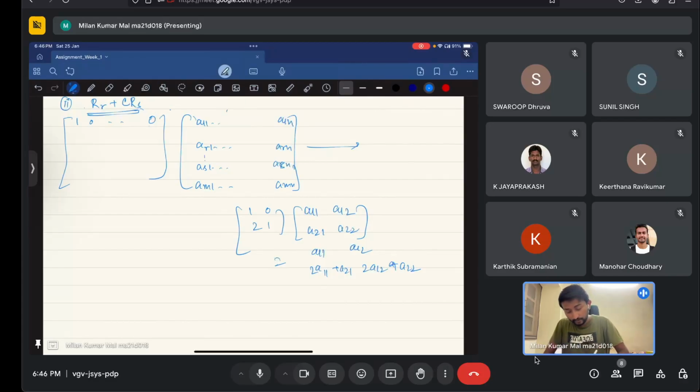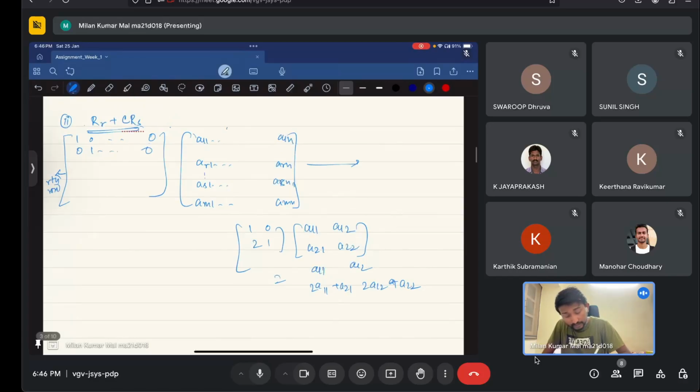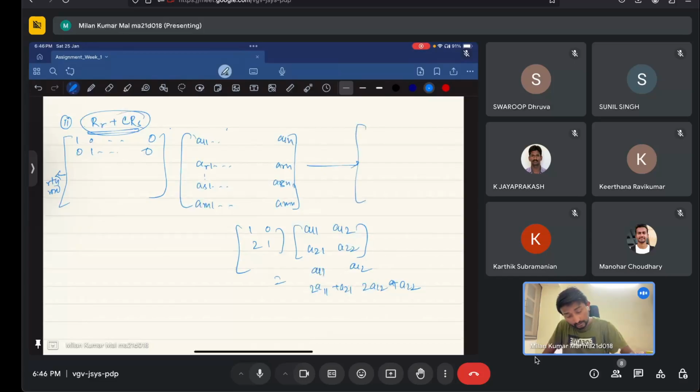For example, in that case it will be as it is, only at the Rth row, because I will replace it with the Rth row. So this will be a11 all the way to a1n, and ar1 plus c as1, all the way to arn plus c asn, and the S row will be as it is: as1 to asn, am1 to amn.